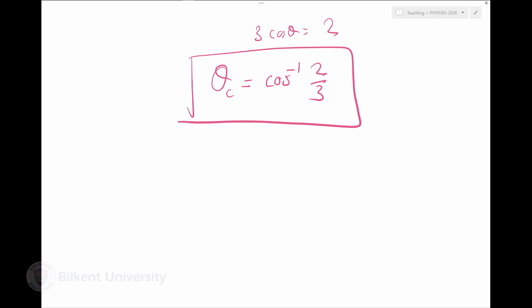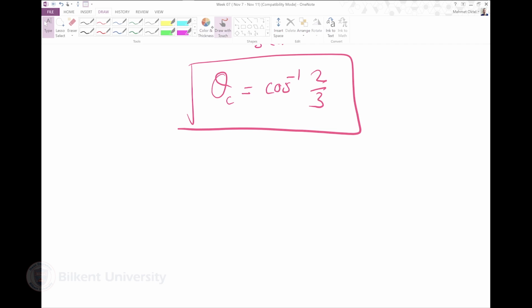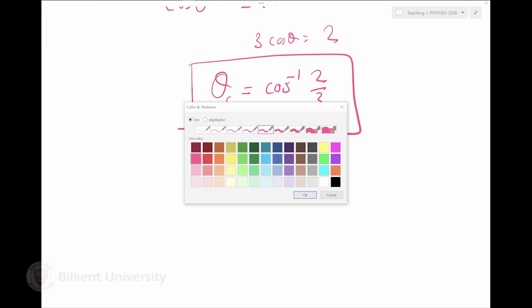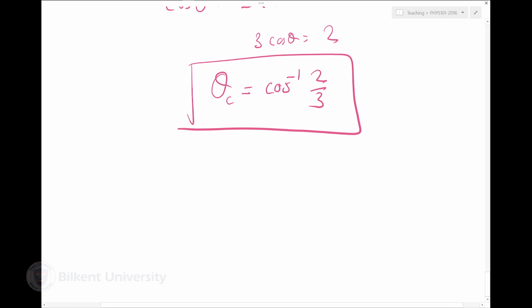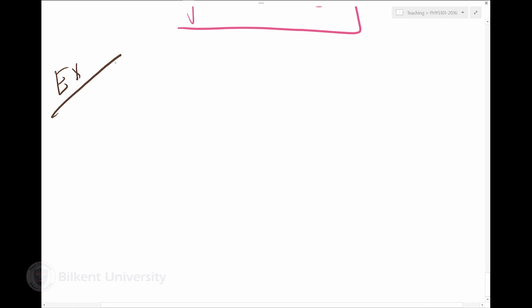Let's solve another example. Now that we're talking about toys today, let's talk about another toy.